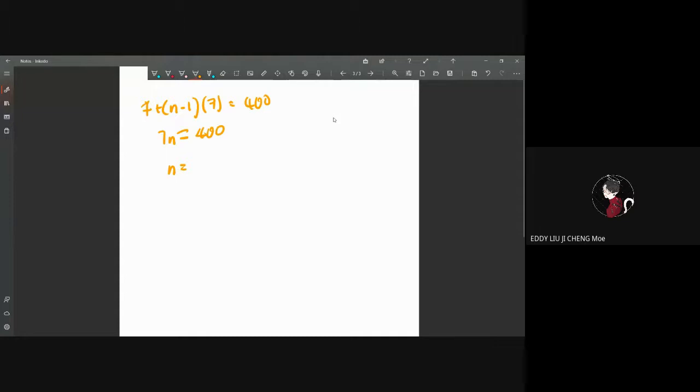We'll get 57.14. And then we know that Tn must be smaller than 400, so n will be 57.